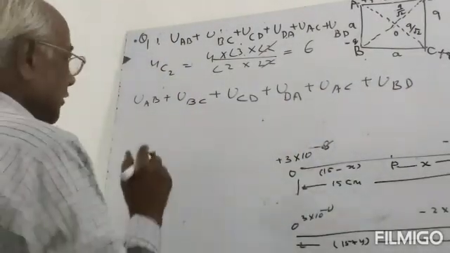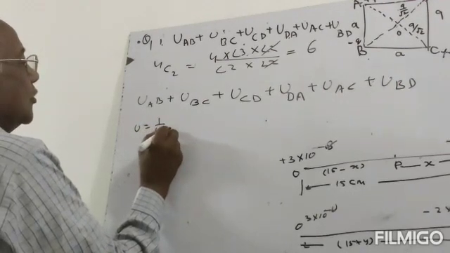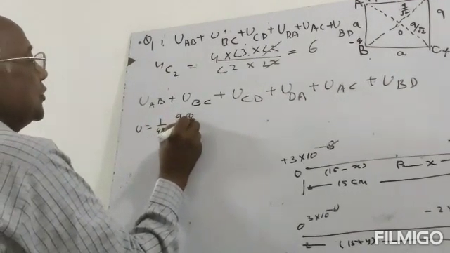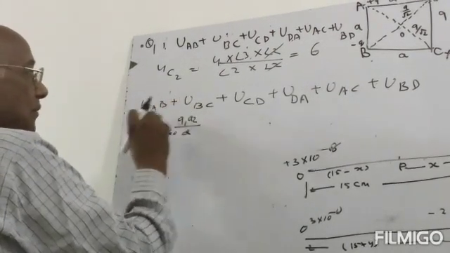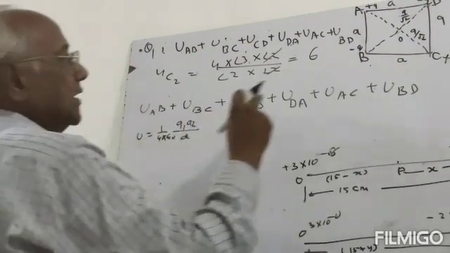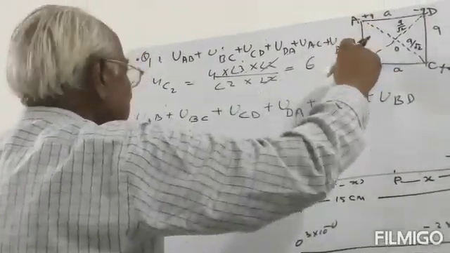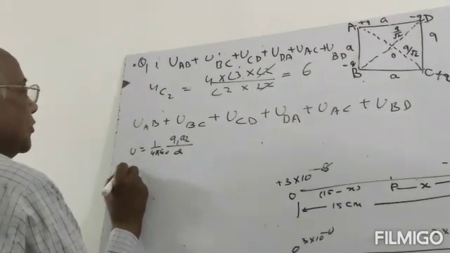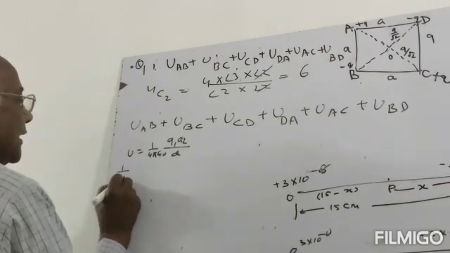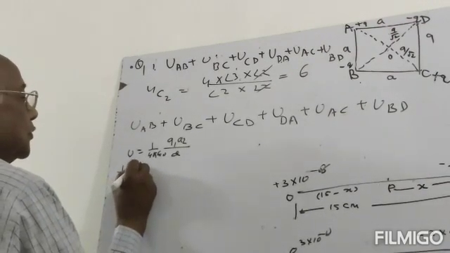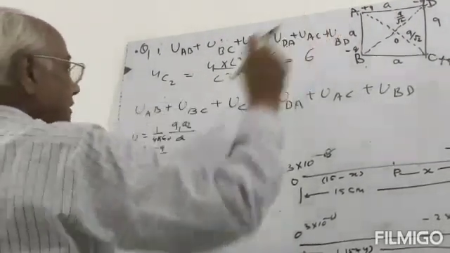Now we know that the potential energy u is equal to 1/4 pi epsilon 0 q1 charge into q2 charge divided by distance. So for UAB, this charge is plus q and this is minus q charge. So this will be equal to 1/4 pi epsilon 0 q into minus q divided by a, as this distance is a.